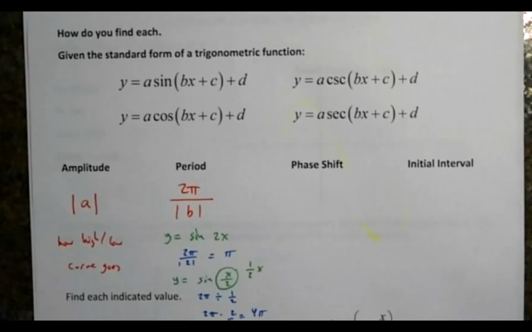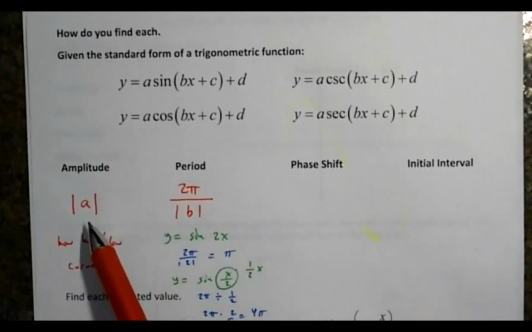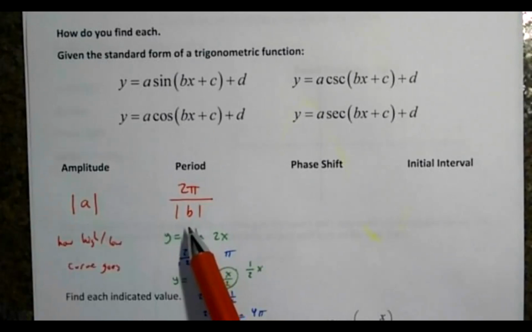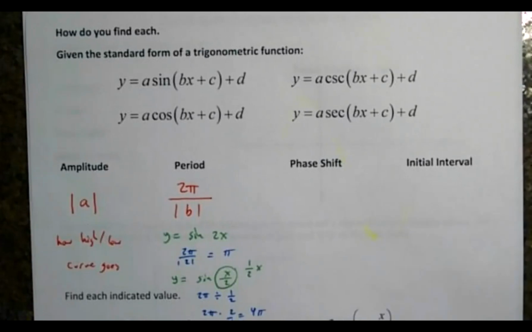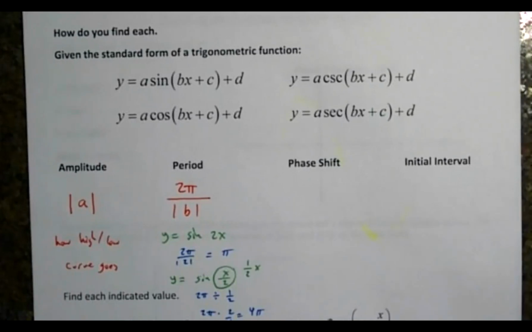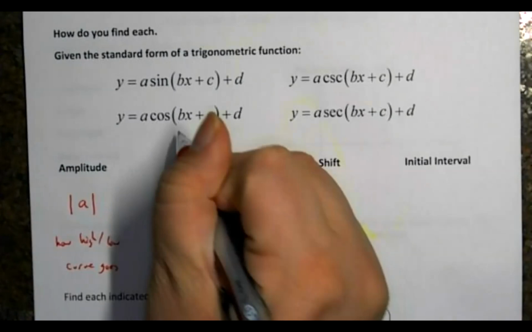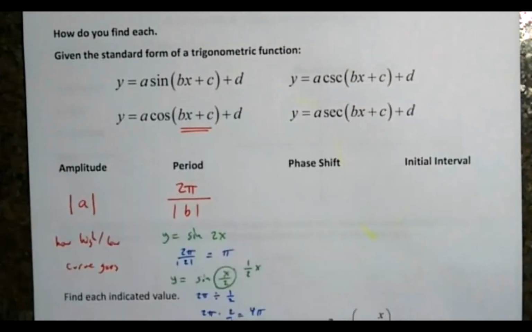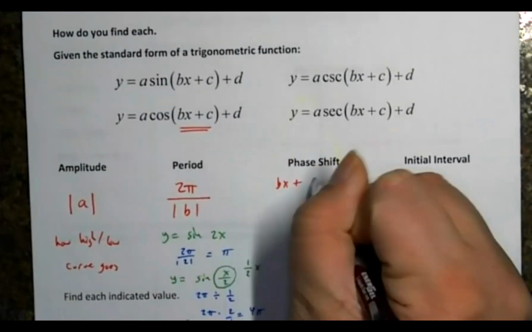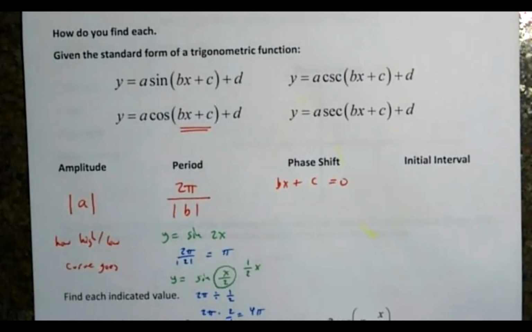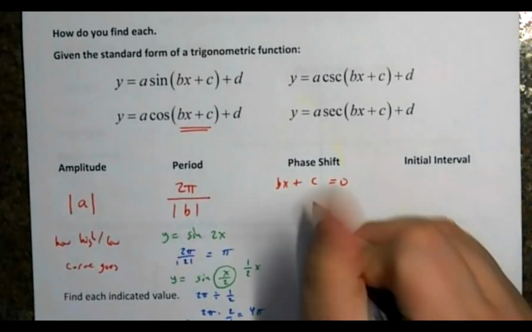All right. So that's how we find amplitude. That's how we find period. Phase shift. Does this thing start at 0 or does it start someplace else? For the phase shift, you take what's inside the parentheses, bx plus c, set that equal to 0, and solve it.